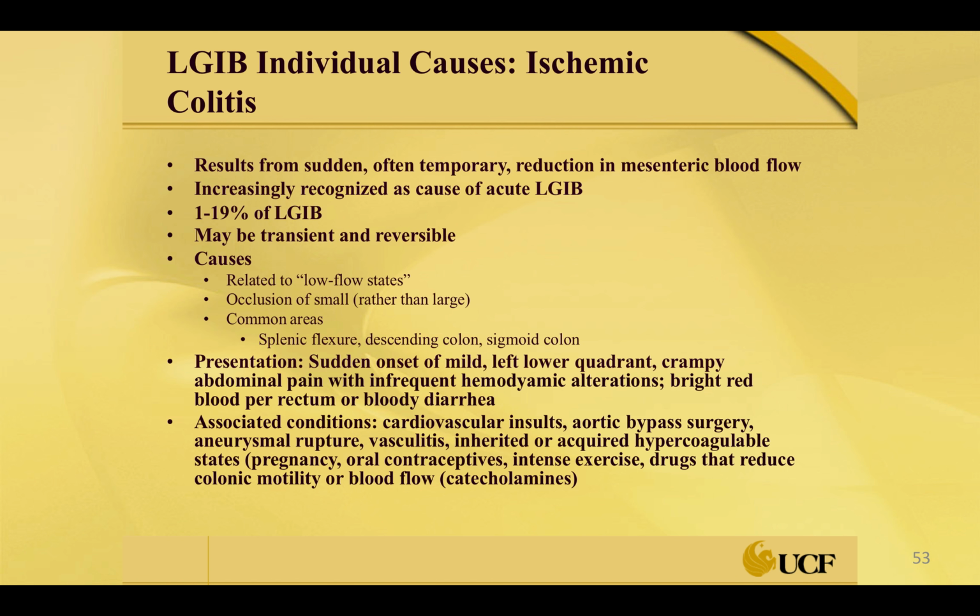It may be transient and reversible, and the causes are related to low flow states, occlusion of small rather than large vessels, and the common areas are the splenic flexure, descending colon, sigmoid colon. The presentation is sudden onset of mild left lower quadrant, crampy abdominal pain with infrequent hemodynamic alterations, bright red blood per rectum, or bloody diarrhea.